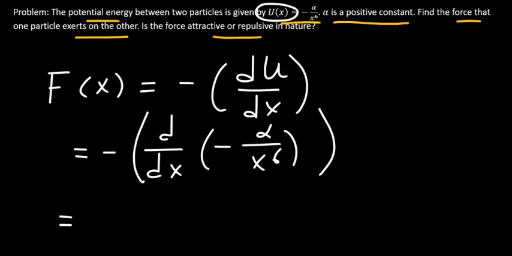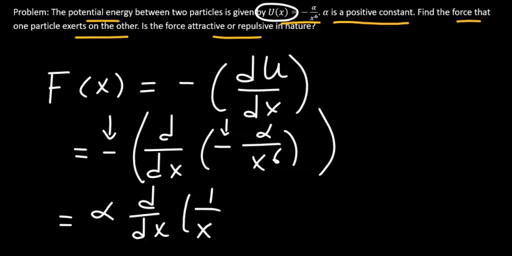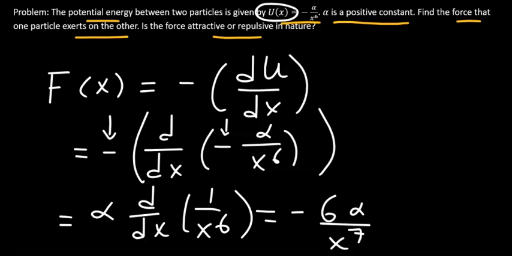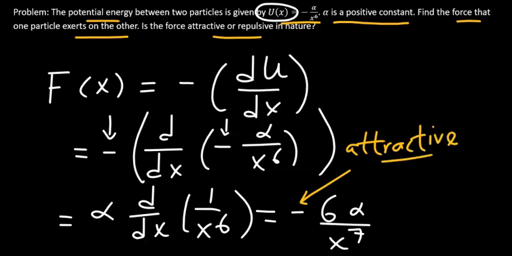Now you can take the alpha out, so you have this minus here, that minus will become positive, and then you take the derivative of 1 over x to the power 6, which is just minus 6 alpha over x to the power 7. The negative sign there indicates that the force is attractive in nature, and that solves the problem.